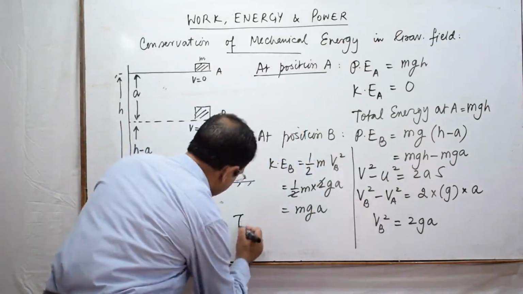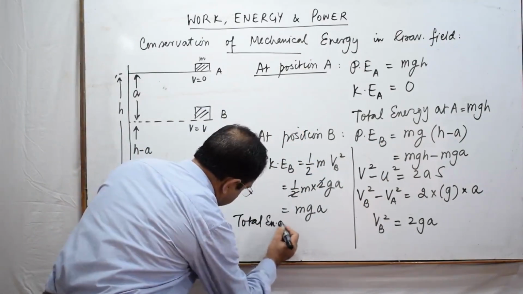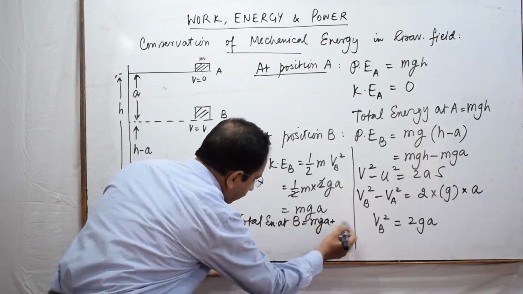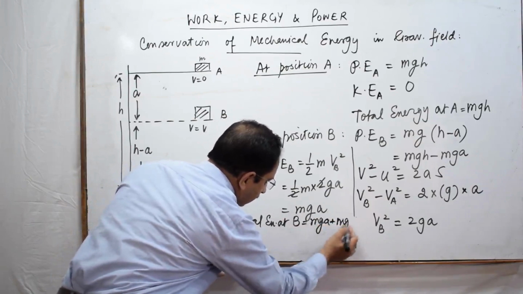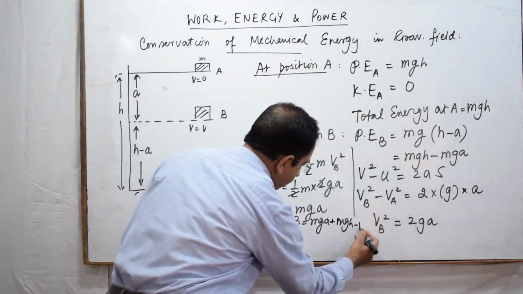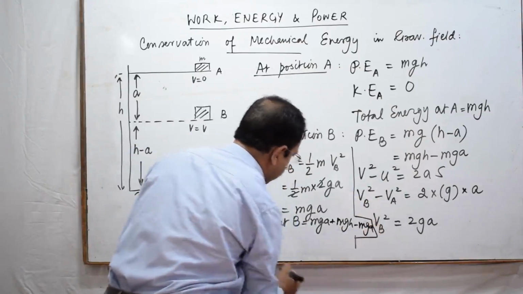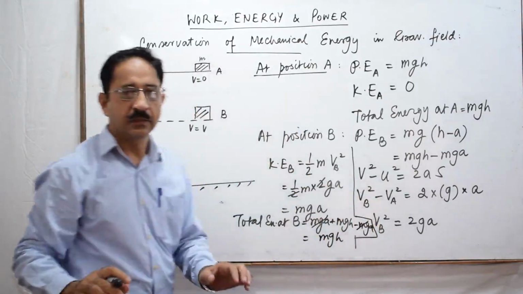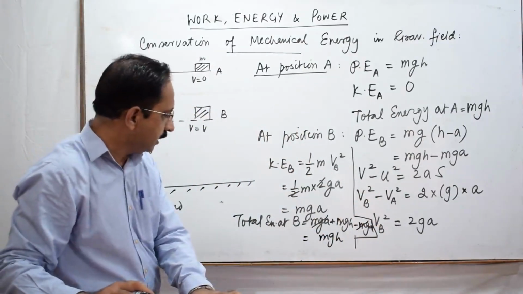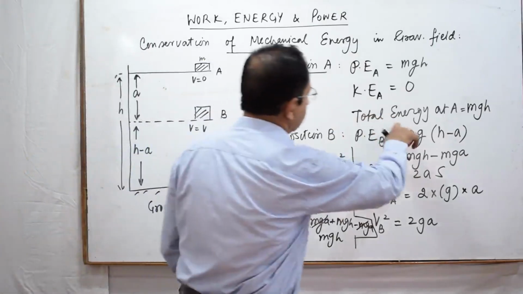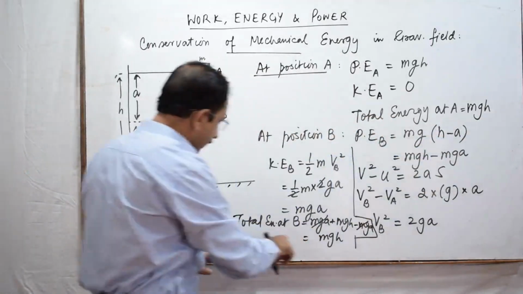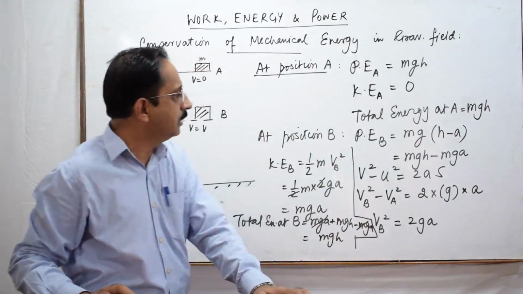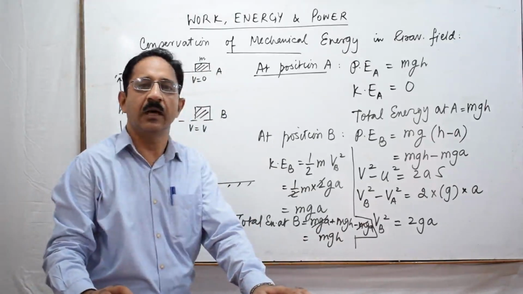So we calculate the total energy at B: mga, this is the kinetic energy at B, plus mgh minus mga, ये हमने already calculate किया है. mga and mga get cancelled, so we have mgh as the total energy at position B. What you realize कि जो total energy at A थी equal to mgh, वही total energy at B है mgh, जबकि at A and at B the potential energy and kinetic energy are different.